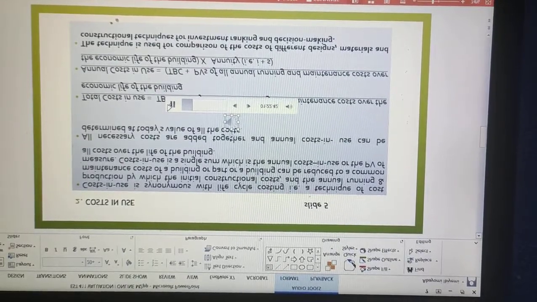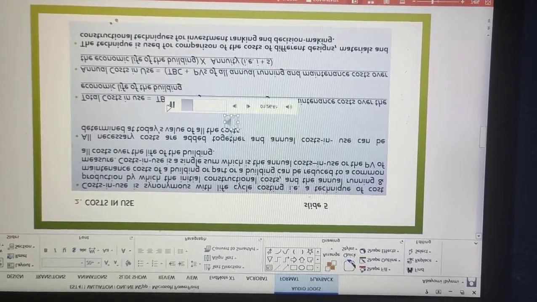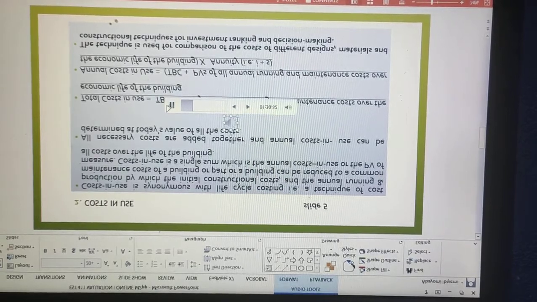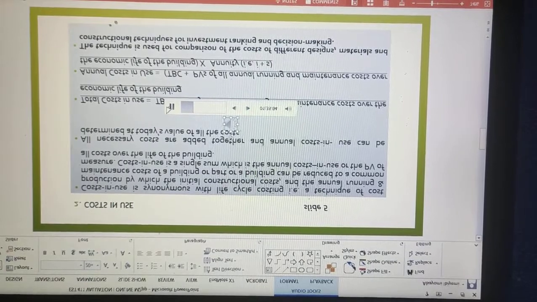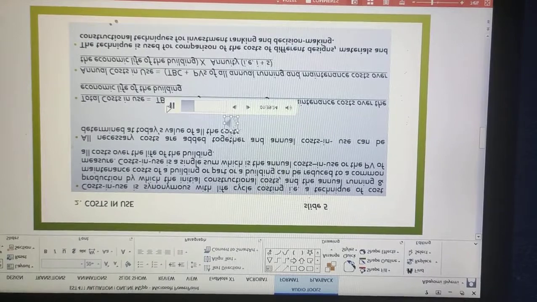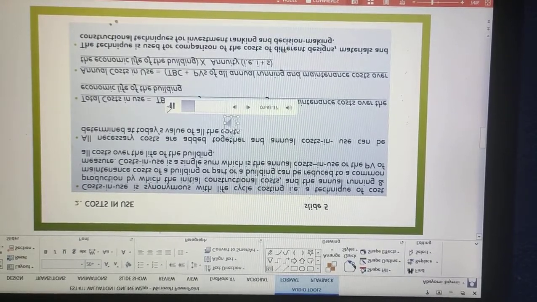So cost in use is a single sum, just like the virtual rent. After you have added it to the net rent, it becomes a single sum. Cost in use is also a single sum, which is the annual cost in use or the present value of all costs over the life of a building.